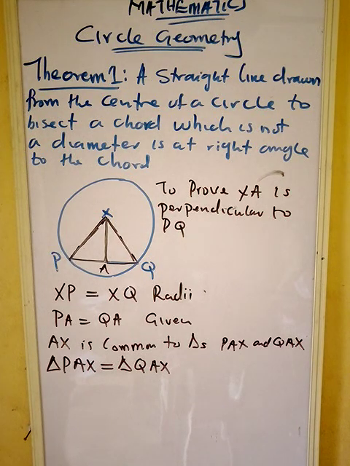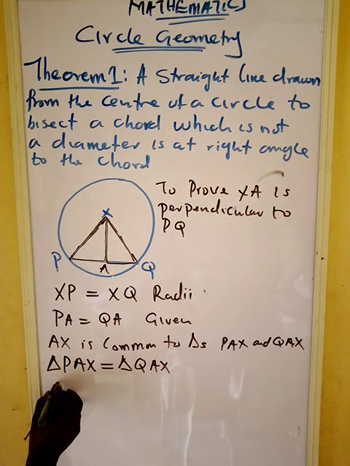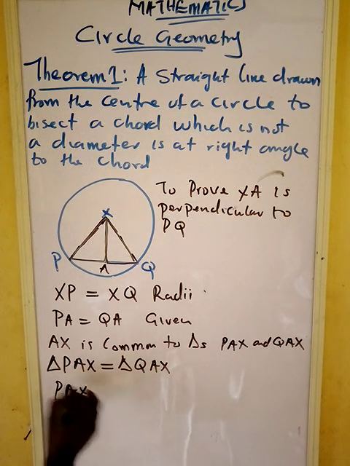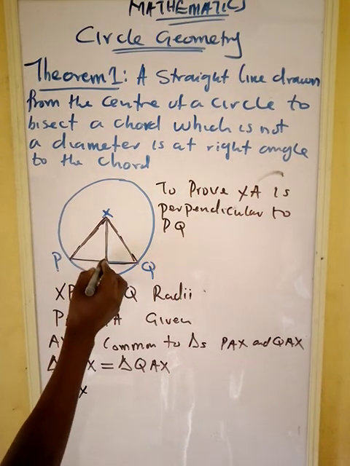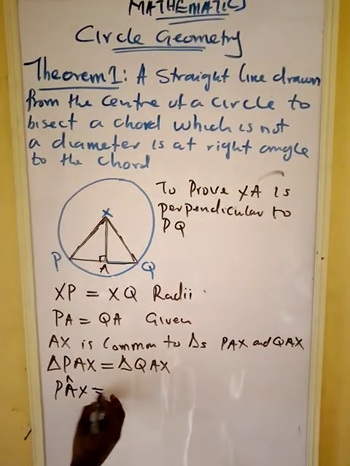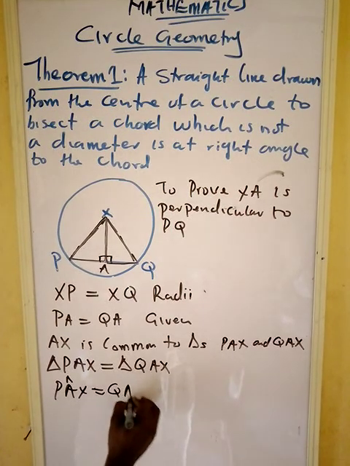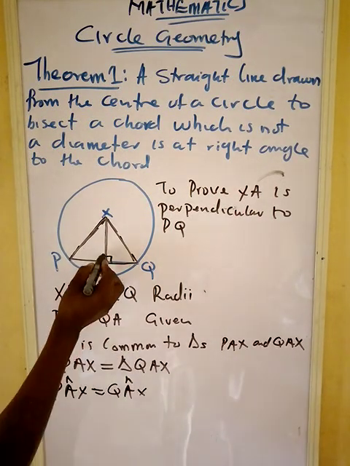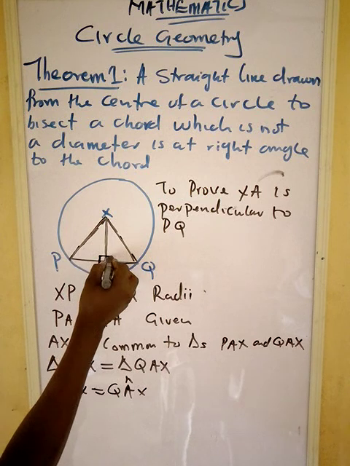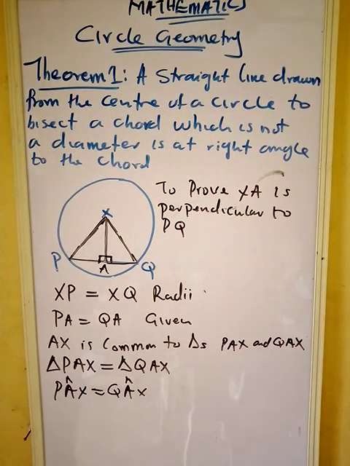By so doing, we also notice that our angle PAX, this angle here, is equal to angle QAX. Look at this. This is 90 and this also 90.